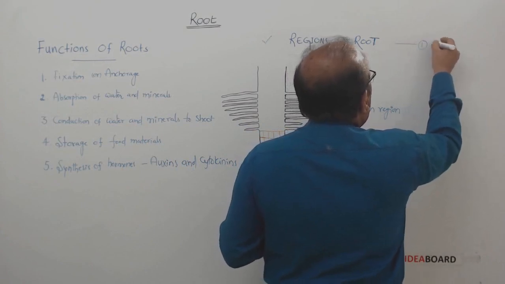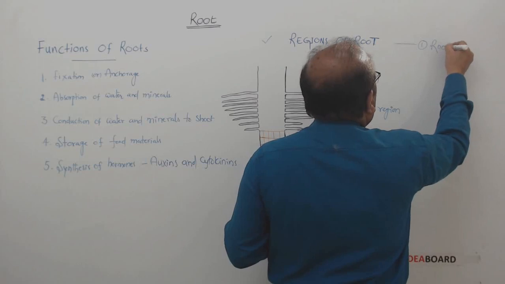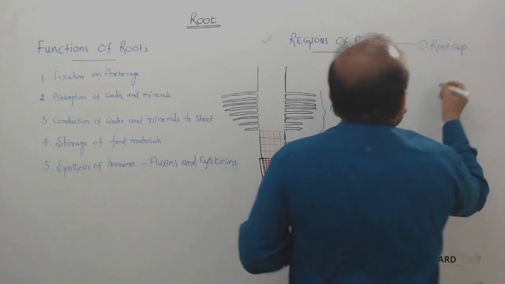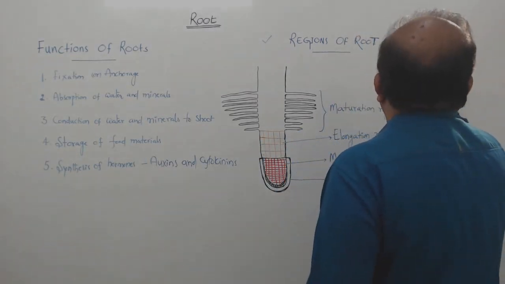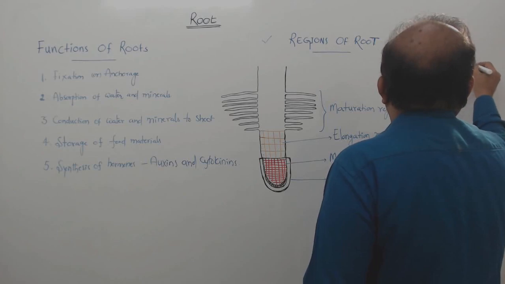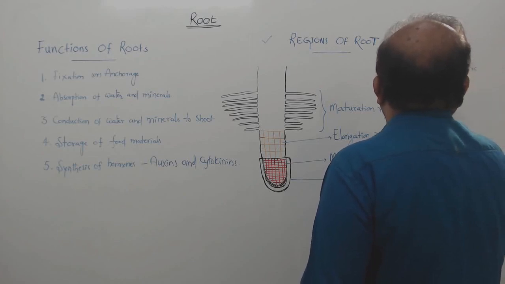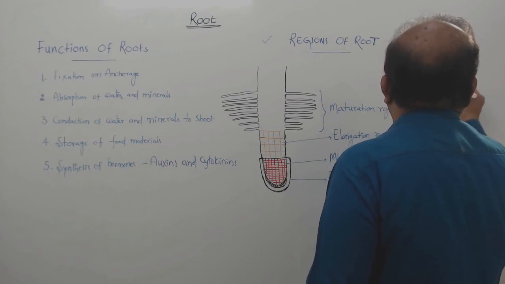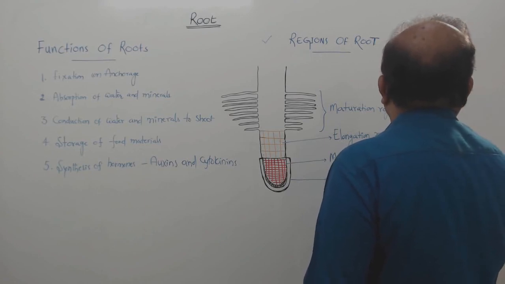One is the root cap region, second is the meristematic region, third is the elongation region, and the fourth is the maturation region.